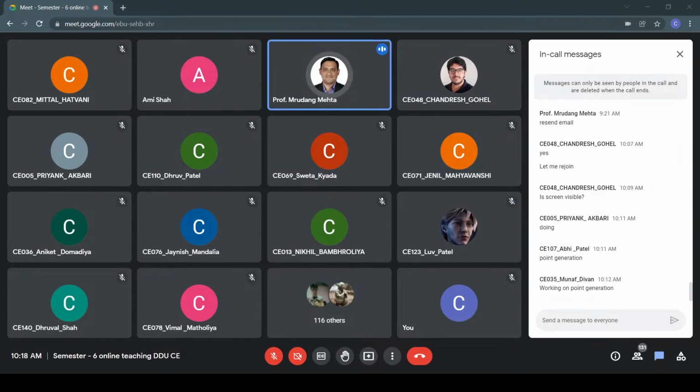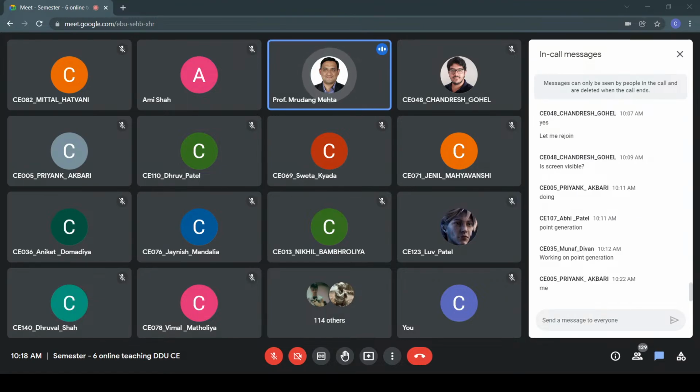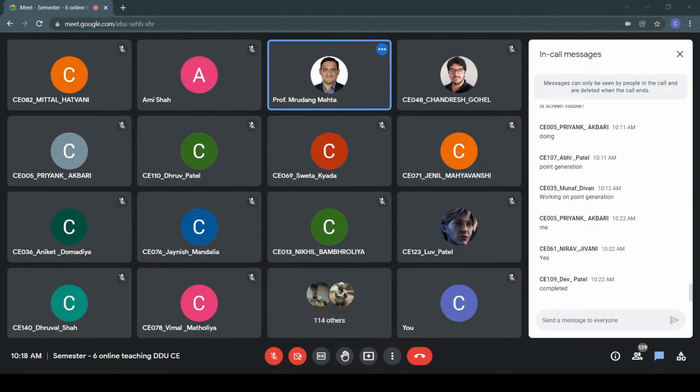Yes, all students, how many of you have finished the point generation function? Yes, those students who are regularly responding, okay.